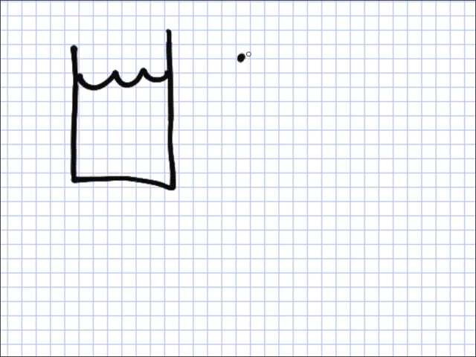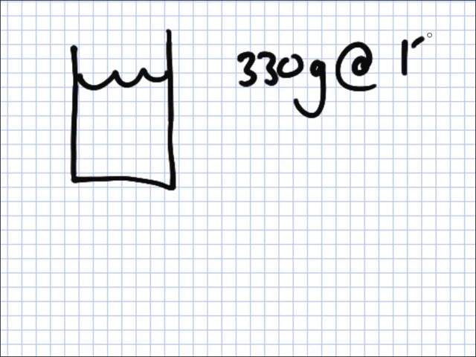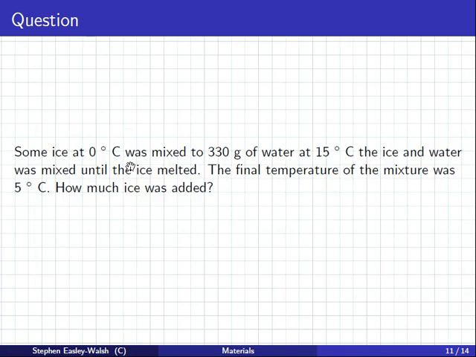So what you have is this. 330 grams of water at 15. And then you have ice here, but you don't know how much. Let's say it's X kilograms. And we know that that's at 0. I'm sorry if I didn't say it's at 0. I did say it's at 0.